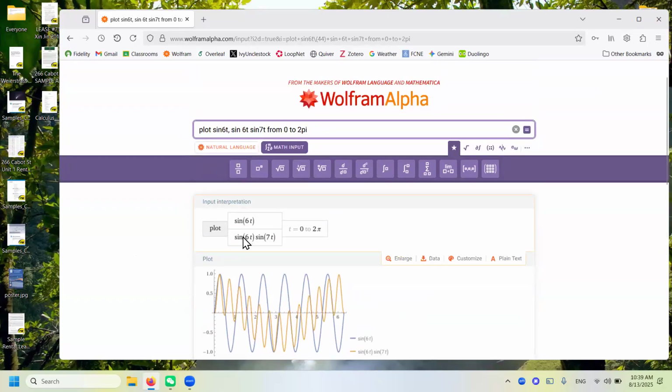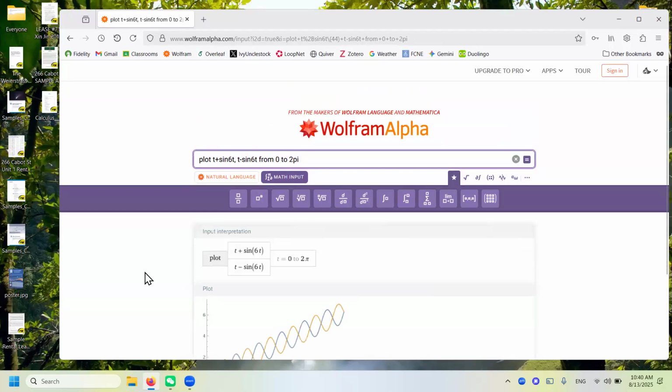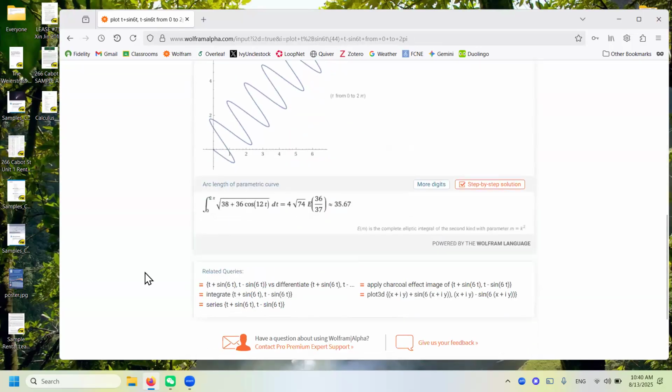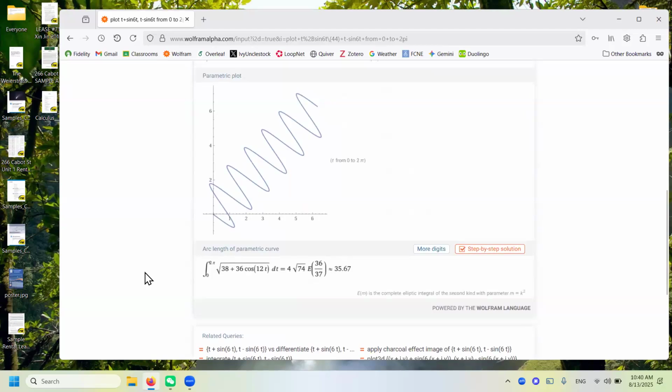Let me try to make it more interesting with a sum and a difference of sine 60. I'm not sure what this is. Okay, so some oscillation.